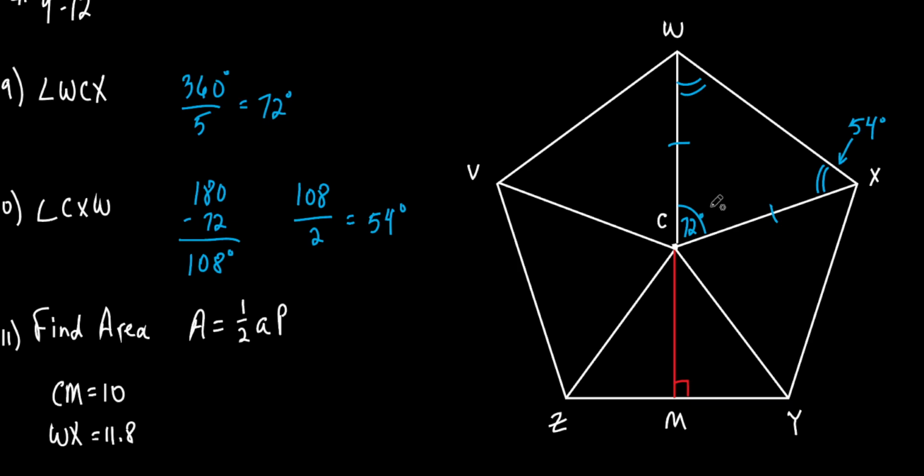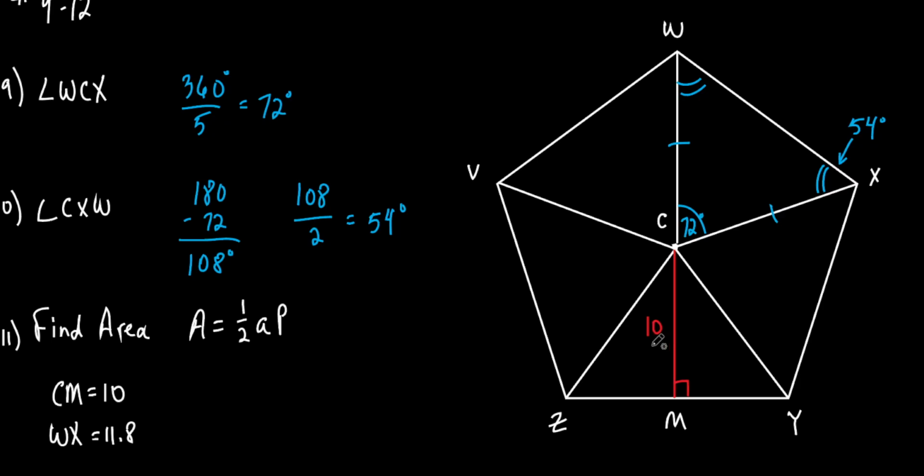The CM, where's CM? It's this thing right here. So really, what is the CM? CM is the what in my little formula here? It's the A, it's the apothem, isn't it? So CM is the apothem, so I can put the number here. That's 10. It's 10 centimeters. I didn't write that in there, but we'll put that in at the end, okay?